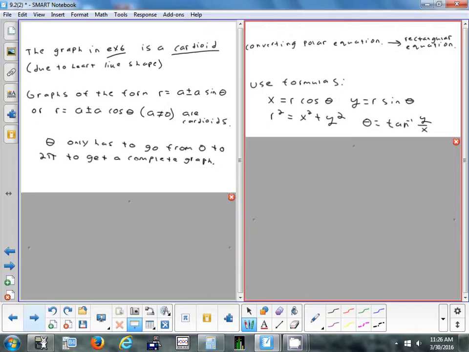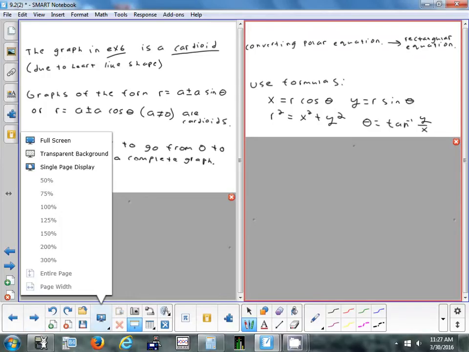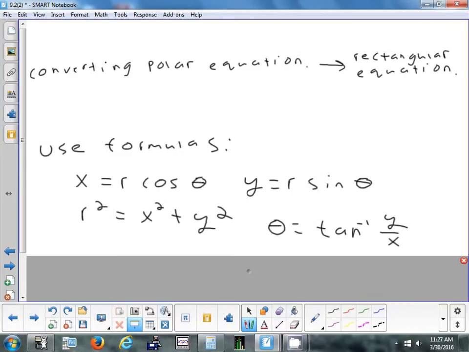We could use r squared equals x squared plus y squared, and theta equals inverse tangent y over x. Those are the four basic formulas we can use to change between rectangular and polar. In other words, these are the only relationships we have between x's, y's, r's, and thetas.